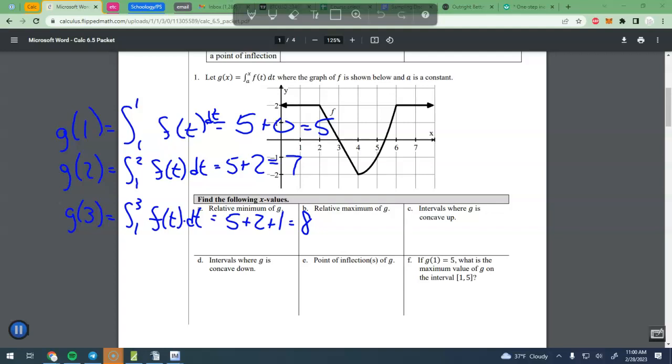If I do G of 4, it's going to be 5 to start with, plus 2, plus 1, minus 1. So now it's 7. And when I go to 5, I'm going to accumulate more negative area, which will subtract more. So what was the maximum value? 8. And where did that happen? At x equals 3.